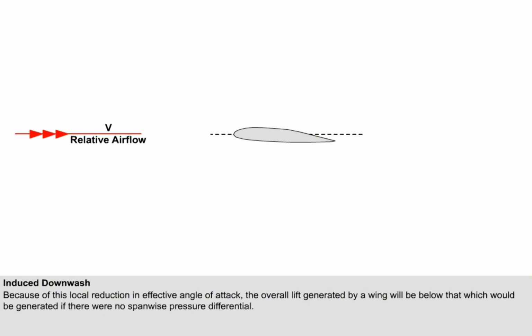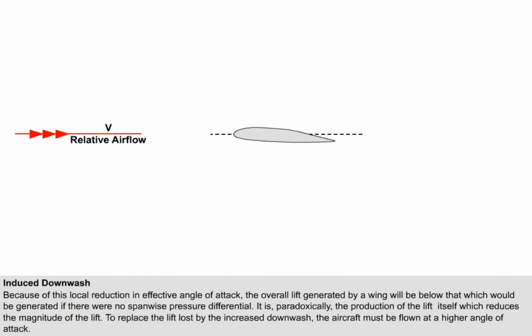Because of this local reduction in effective angle of attack, the overall lift generated by a wing will be below that which would be generated if there were no spanwise pressure differential. It is, paradoxically, the production of the lift itself which reduces the magnitude of the lift.